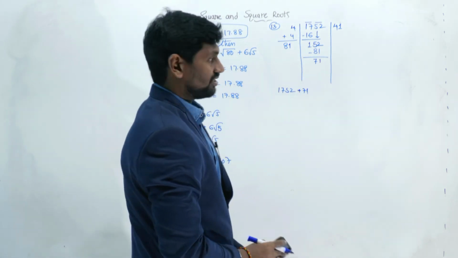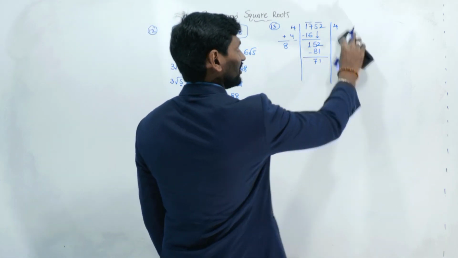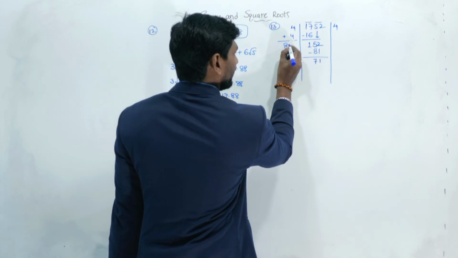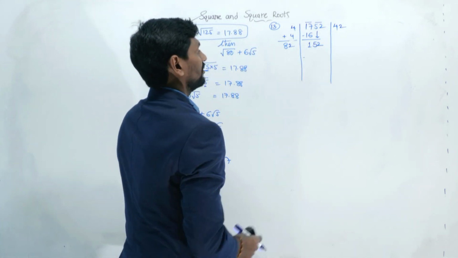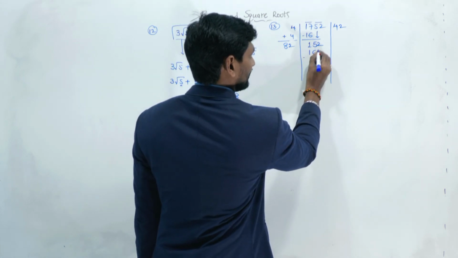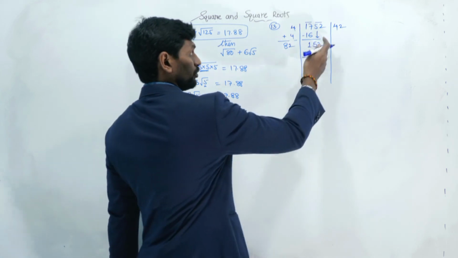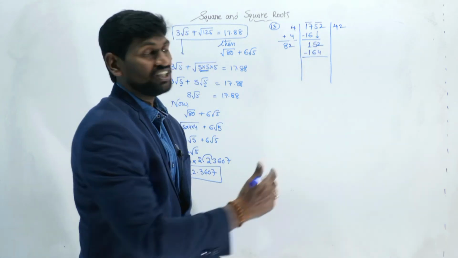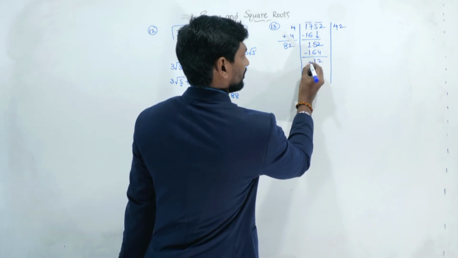I will take 2 times here. 82 2s are 164. When you do that subtraction, 152 minus 164 is not possible. So take it reversely: 164 minus 152 is 12.